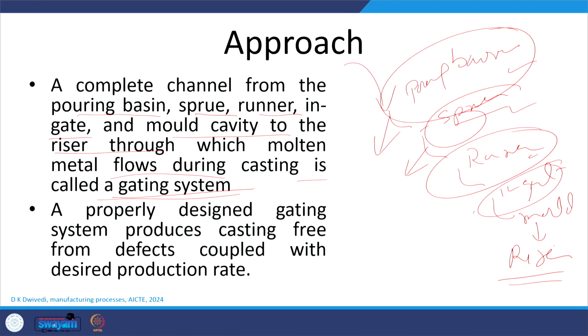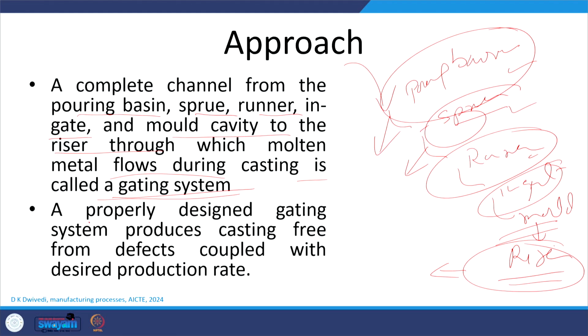So, molten metal goes into the mold through the ingate. This is also designed appropriately, and the mold shape certainly depends on the component to be produced. The riser is also to be designed so that it serves its purpose of feeding the molten metal to take care of the shrinkage of the molten metal during the solidification.